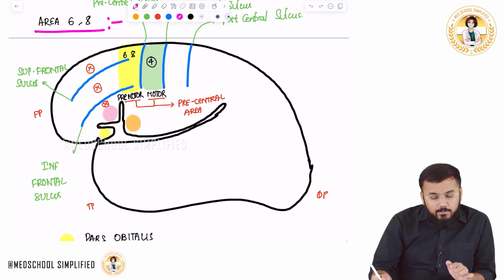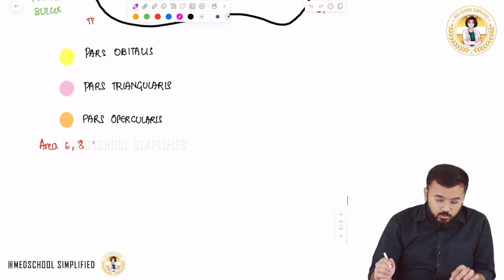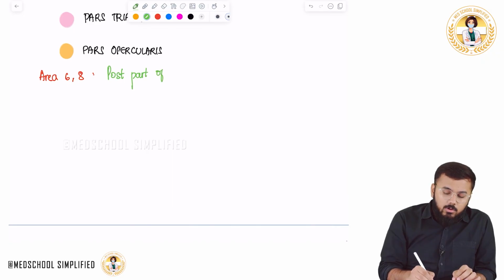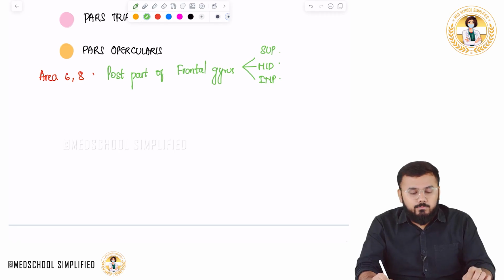Obviously that yellow shade I have done is in the posterior part of superior, middle and inferior frontal gyrus. So area 6 and 8 are located in the posterior part of frontal gyrus, namely you have got superior frontal gyrus, you have got middle frontal gyrus, you have got inferior frontal gyrus. Three important gyrus. Okay.